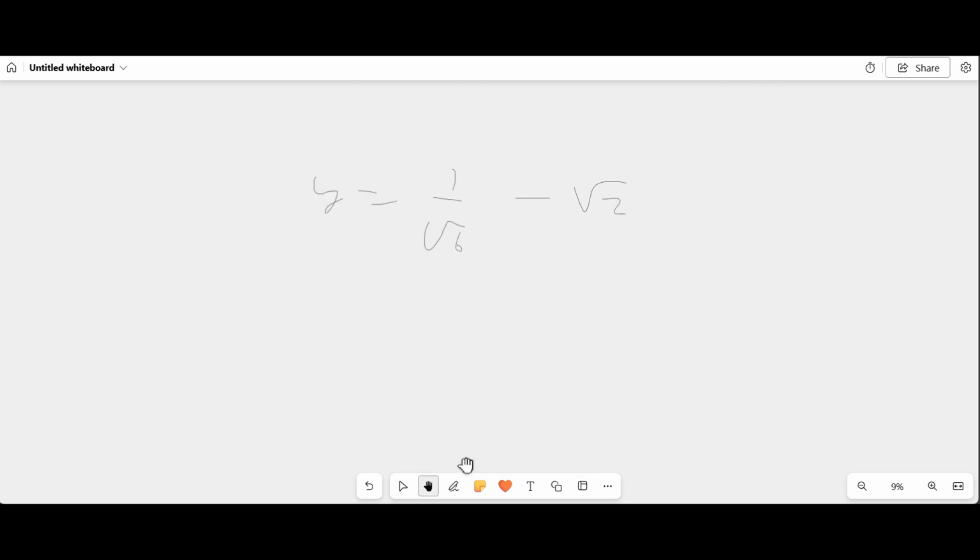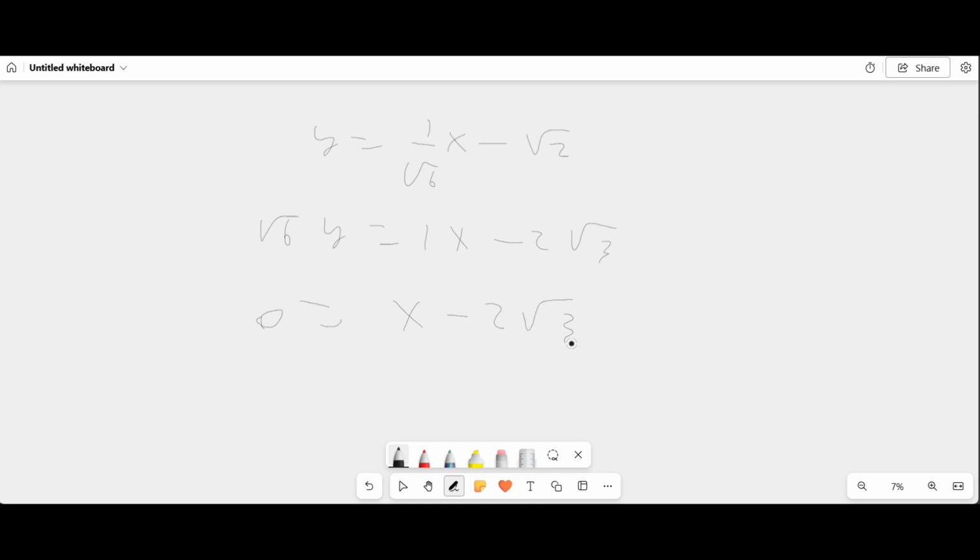Now times everything by root 6 to get root 6y is equal to x minus 2 root 3, yeah, if you times that by root 6, yeah? And then they want it on one side as well, like say to 0, so bring 6y to the other side, so you get x minus 2 root 3 minus root 6y here. That's the answer. Alright, part C.